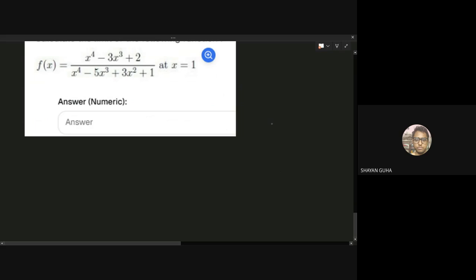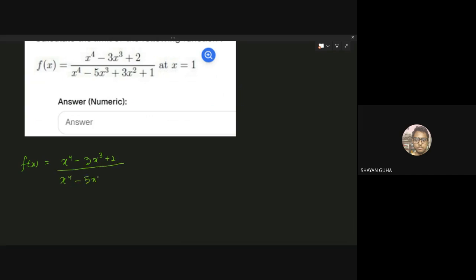So here in this question, I have been given a function. Here f(x) is x to the power 4 minus 3x cube plus 2 divided by x to the power 4 minus 5x cube plus 3x square plus 1. I have to evaluate the limit of this given function at x equals 1.